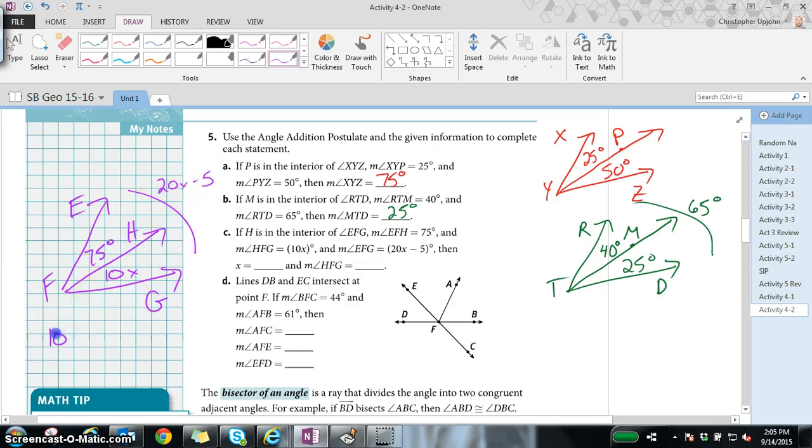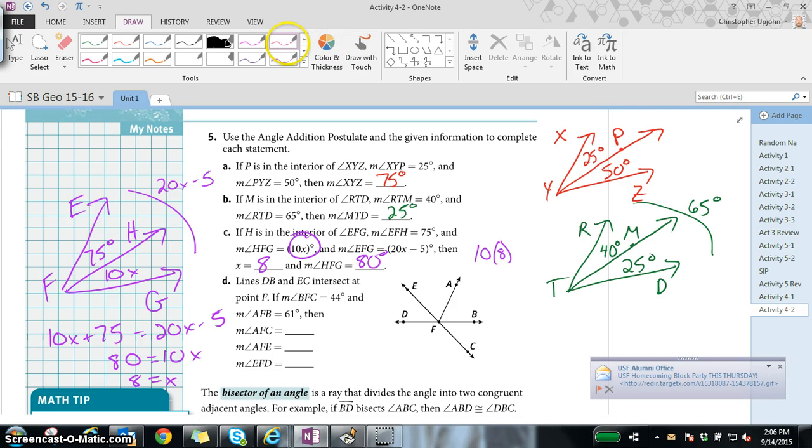So we set up an equation, 10x minus 5 equals 20x minus 5. Subtract 10x from both sides and add 5 to both sides. Divide by 10, x equals 8. X equals 8, and if I wanted HFG, I've got to plug that back in to this quantity. 10 times 8, 80 degrees. Similar to what we did before.